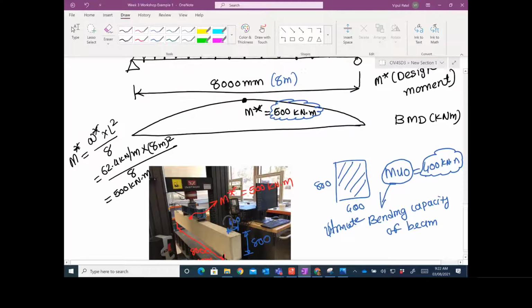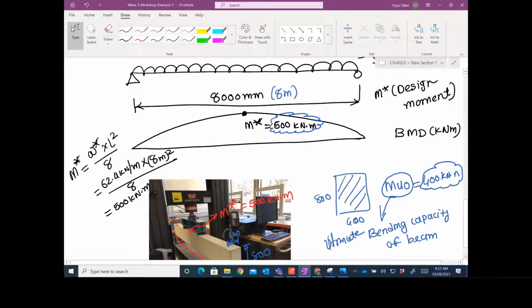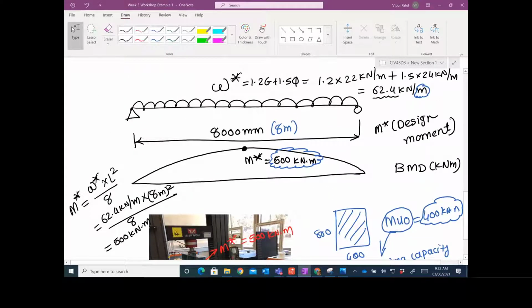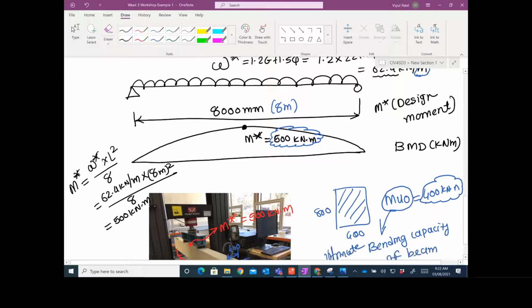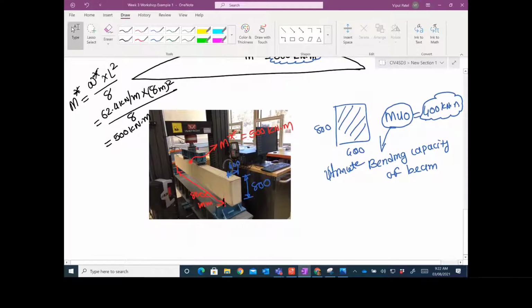So I repeat again, for your beam, based on the span and the uniformly distributed live load and dead load, you have a design bending moment of 500 kilonewton meters, right? That you take from the bending moment diagram. And you calculate MUO from the tension force times the lever arm, which is 400 kilonewton per meter.